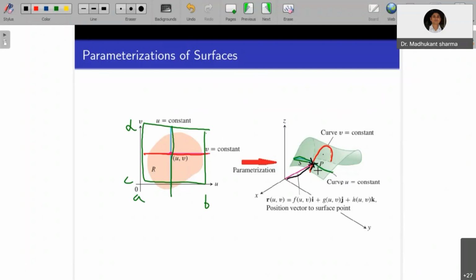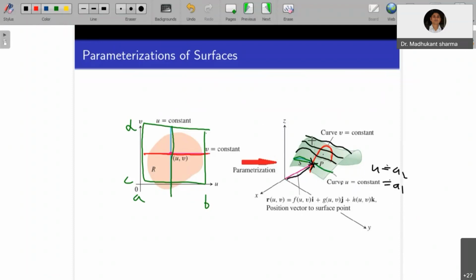If u equals to constant, it will give you this curve. Let's take u equals to a1. Now u equals to a2, what will it give you? It will give you another curve, and so on.